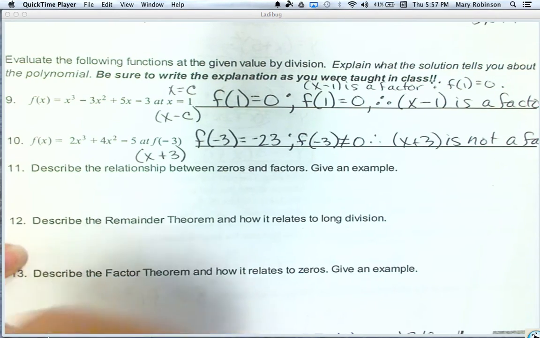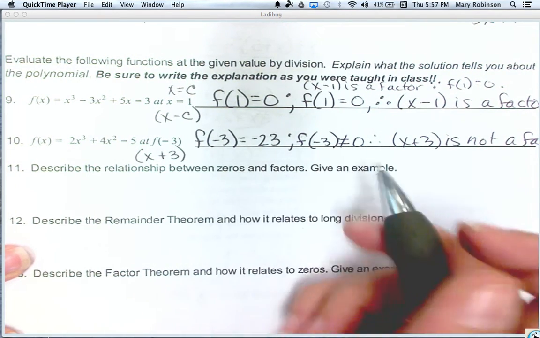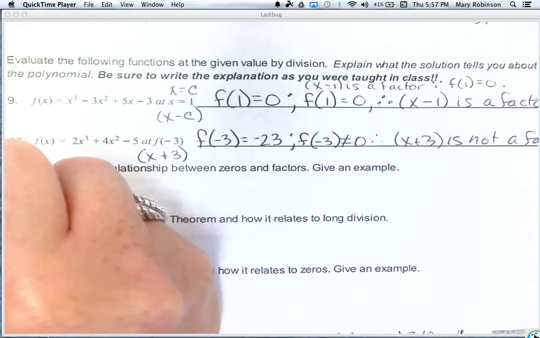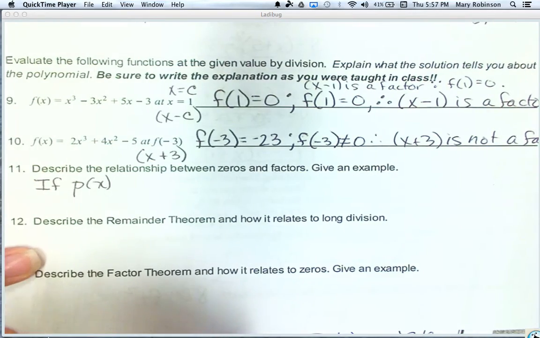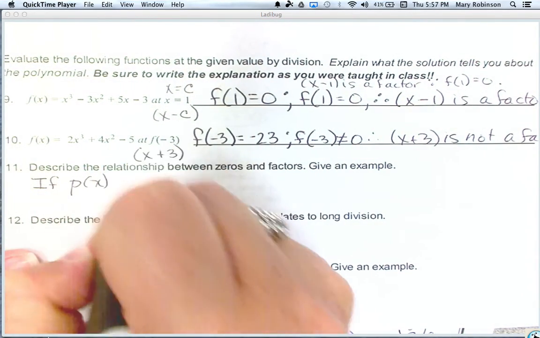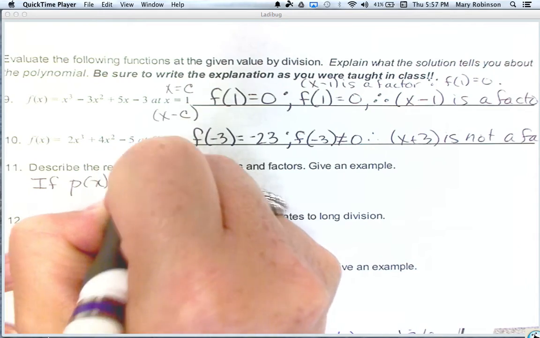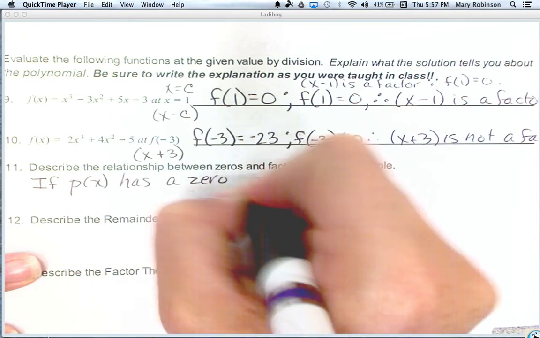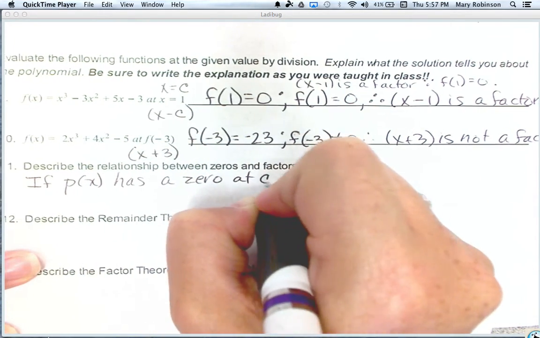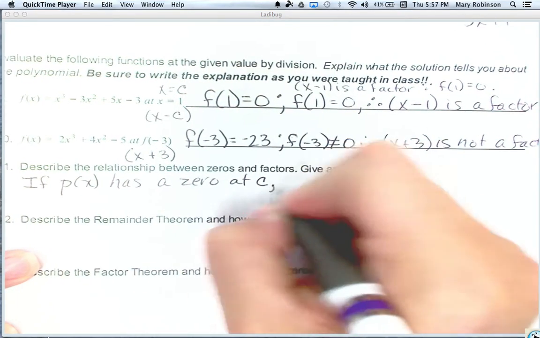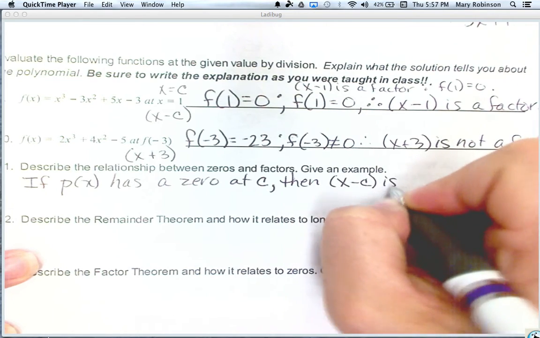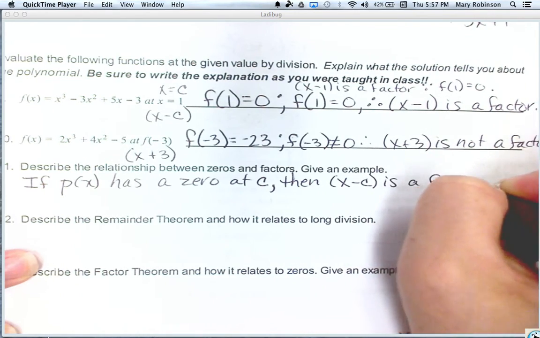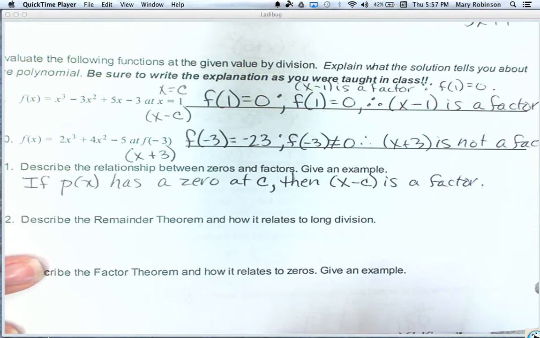So to describe the relationship between zeros and factors, we could say that if a polynomial p of x has a 0 at c, then the quantity x minus c is a factor. If p of x has a 0 at c, then x minus c is a factor.